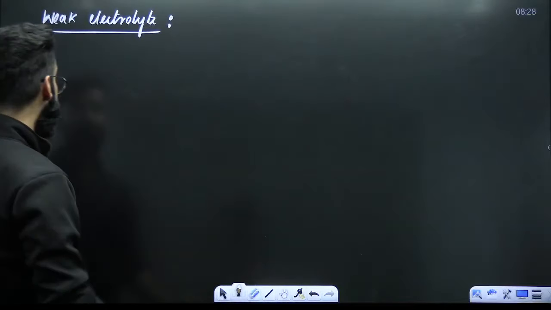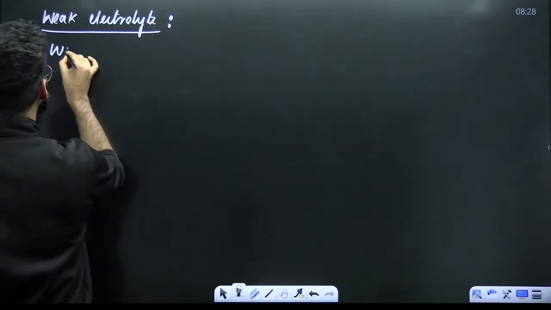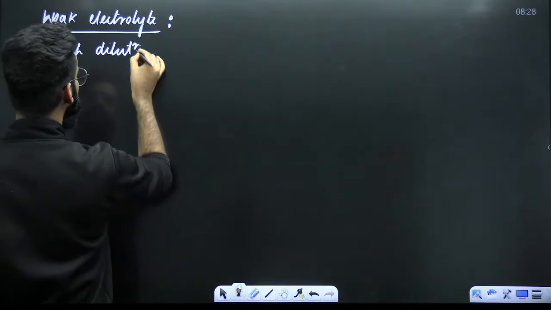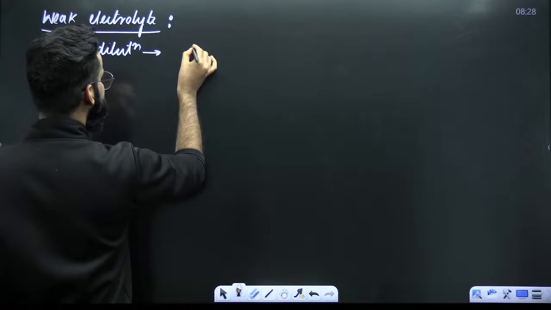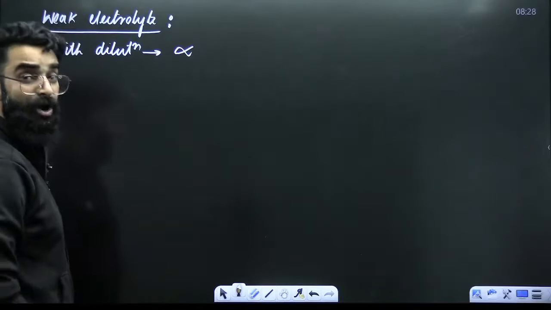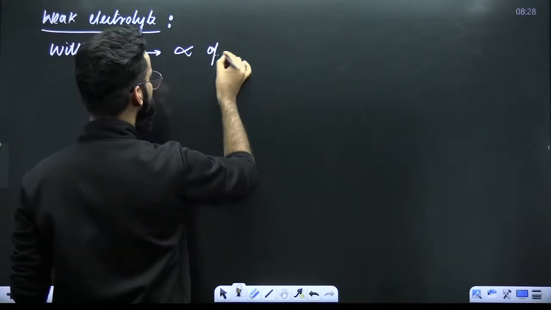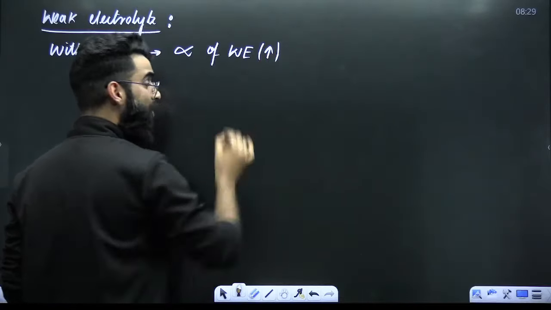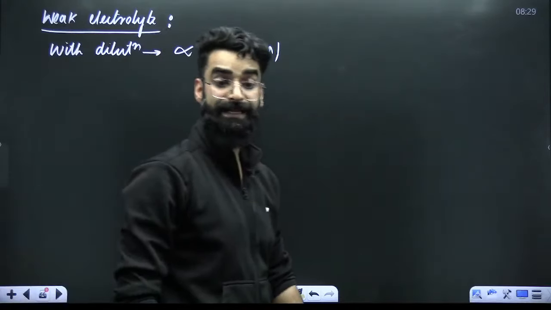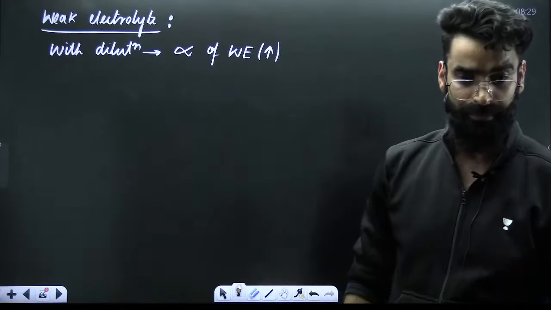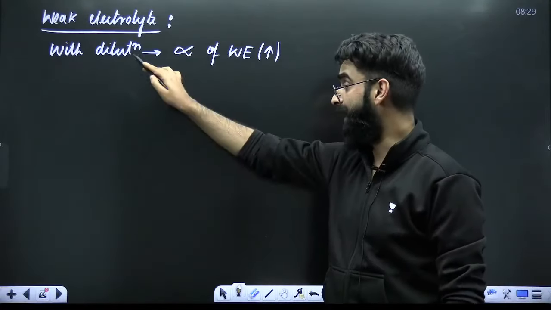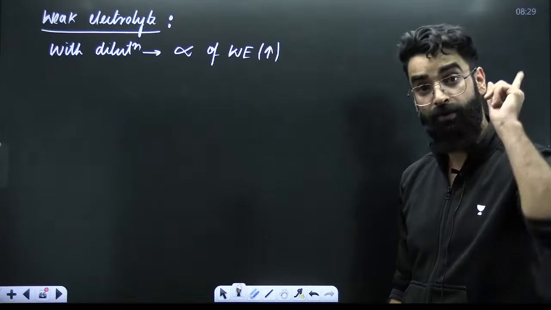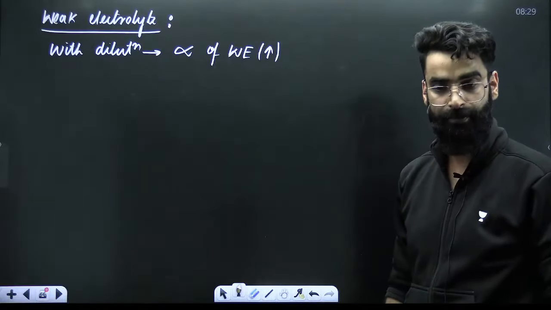Now, my dear students, with dilution, if you remember, what happens to the degree of dissociation of a weak electrolyte? With dilution, the degree of dissociation of a weak electrolyte increases, correct? It increases as per Ostwald's dilution law, right?